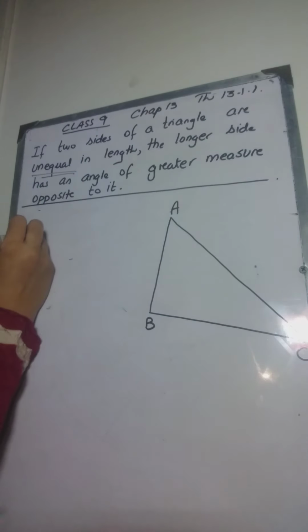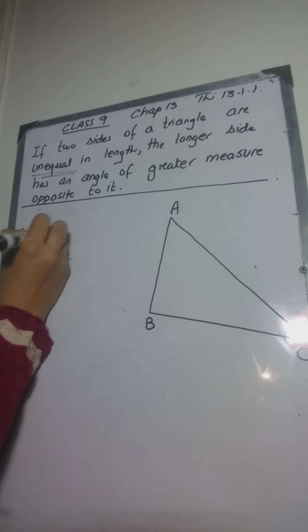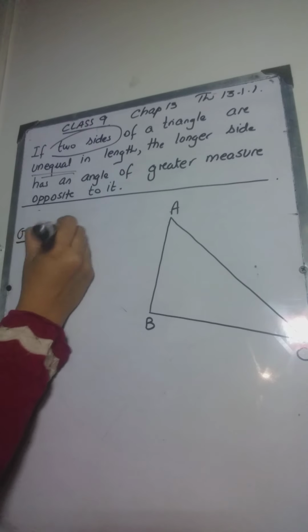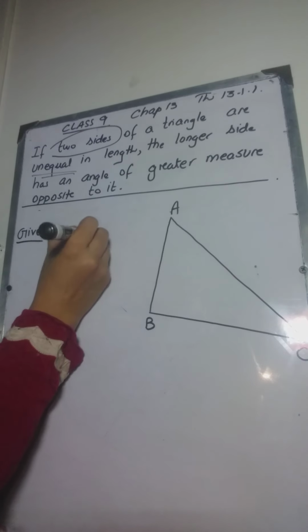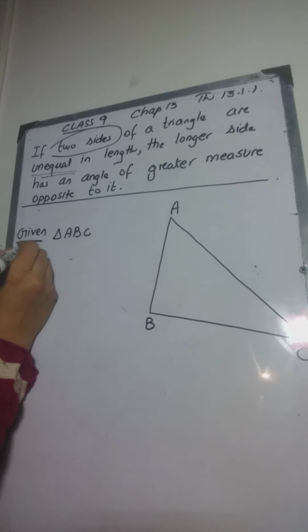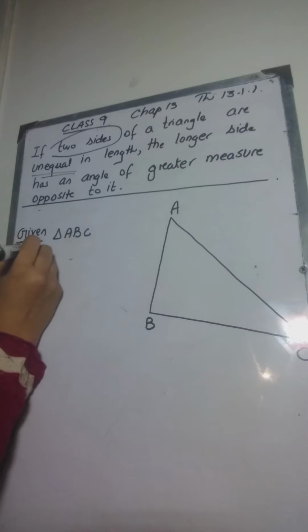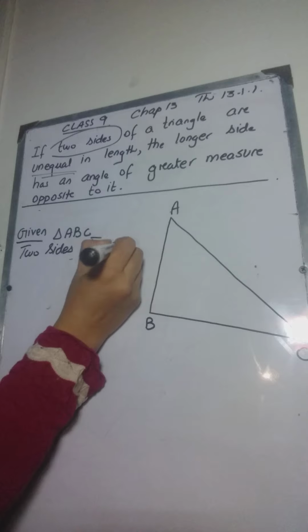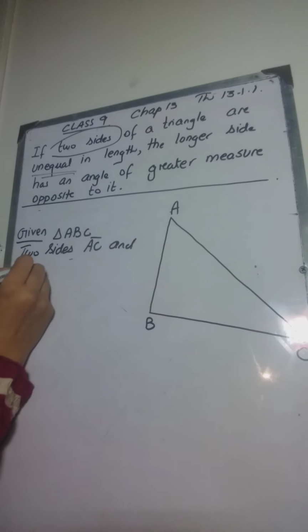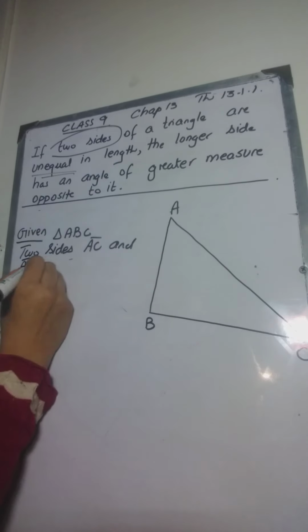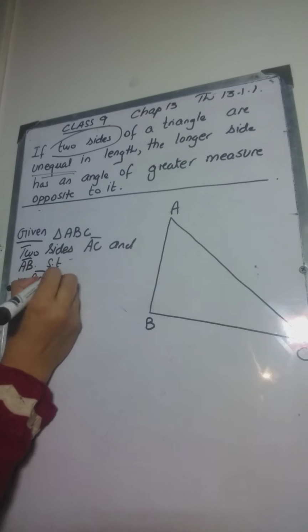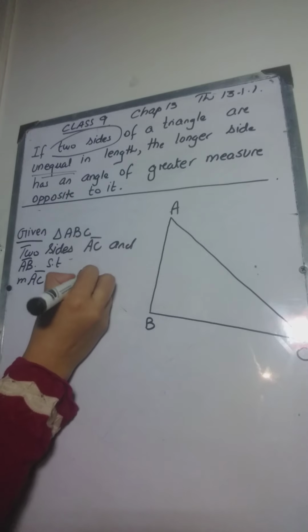Suppose that two sides of a triangle are unequal. Let the two sides be AC and AB, given such that the measurement of AC is greater than the measurement of AB.